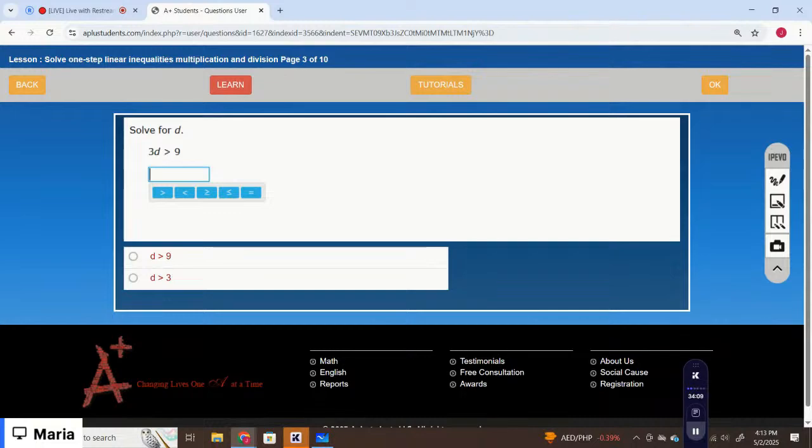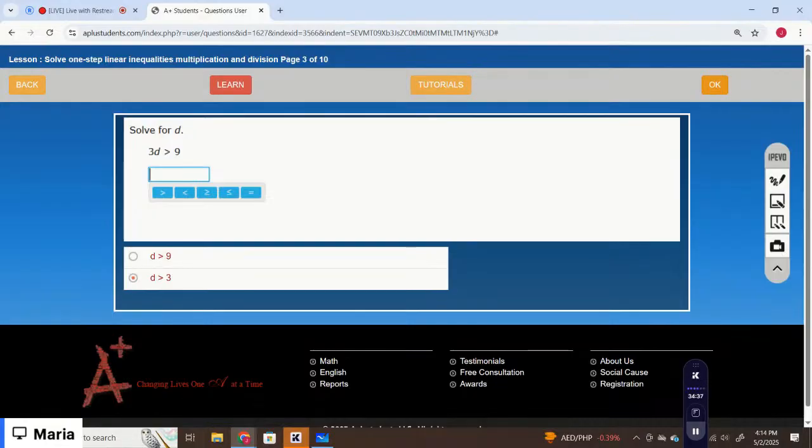Solve for d. 3d is greater than 9. Option number 2 is the correct option.